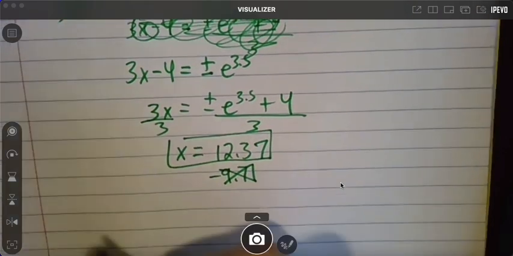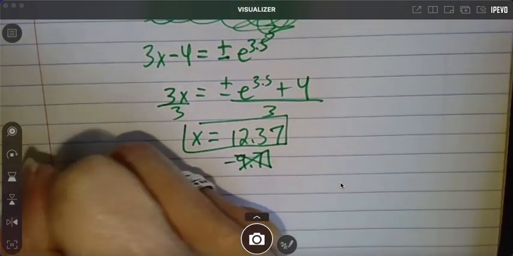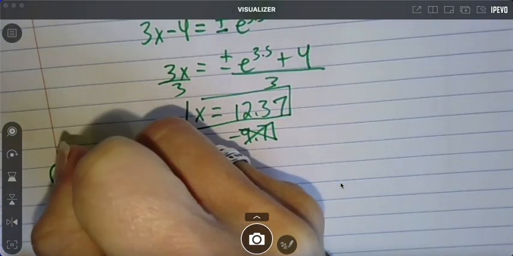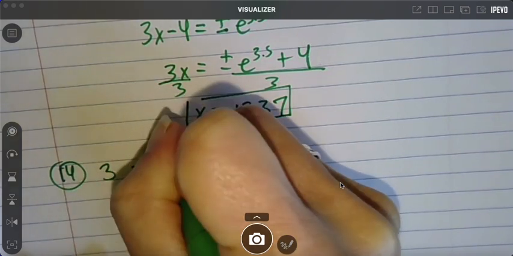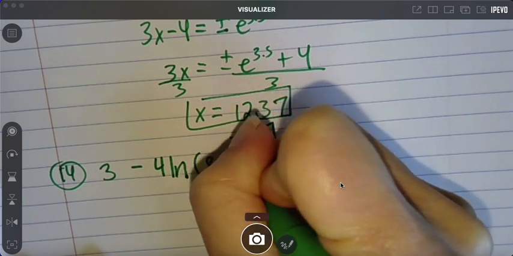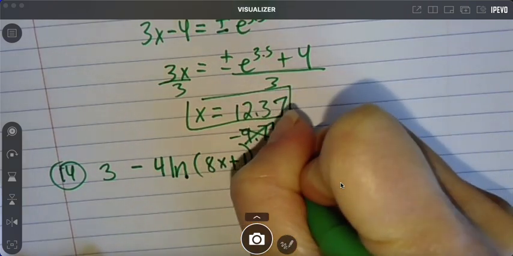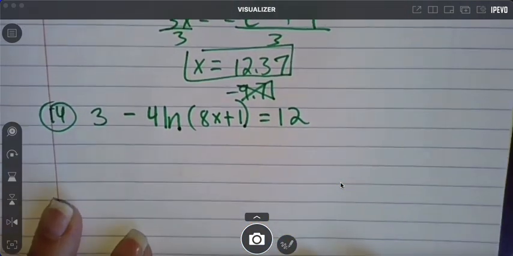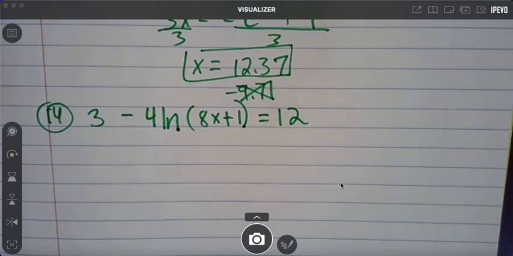Let me do number 14. 3 minus 4 times the natural log of 8x plus 1 equals 12. What would you do first? Let me get this natural log by itself. So what would you do?